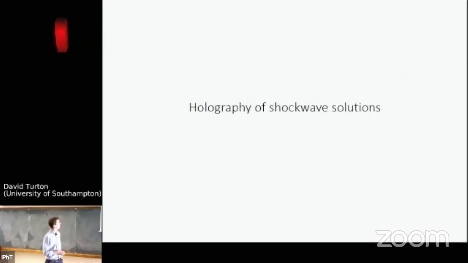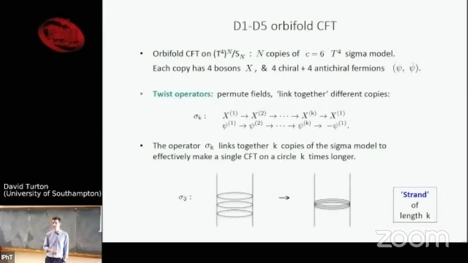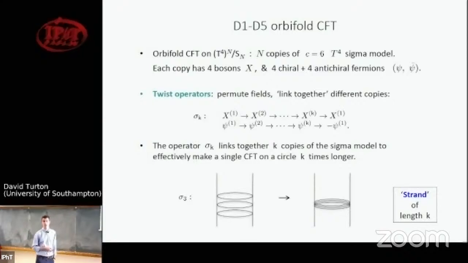Okay, good. So again, just a brief intro for those who are less expert on these matters. In our orbifold CFT, we have n copies of a c equals 6 T4 sigma model. On each copy, we have 4 bosons, 4 chiral and 4 antichiral fermions. And we have twist operators, which generate twisted sectors, just as Sean was describing in his talk.